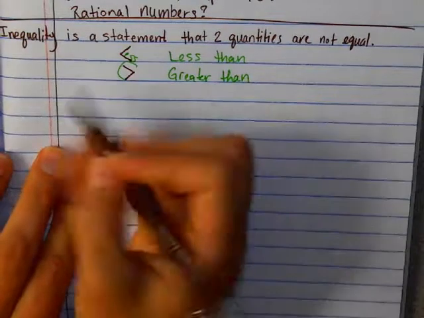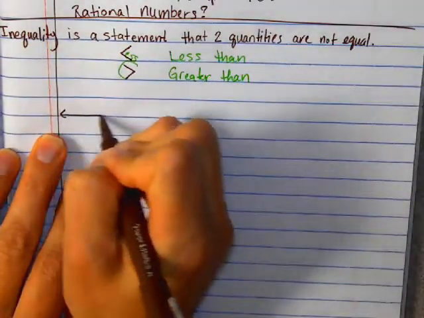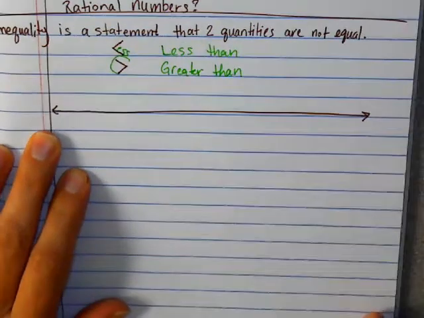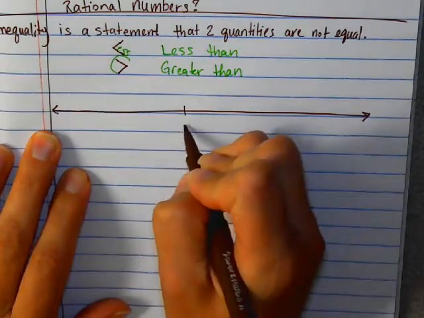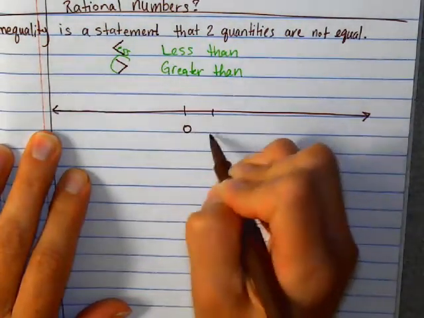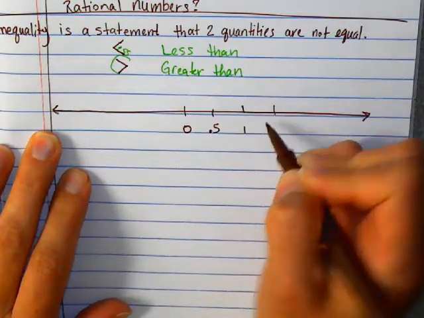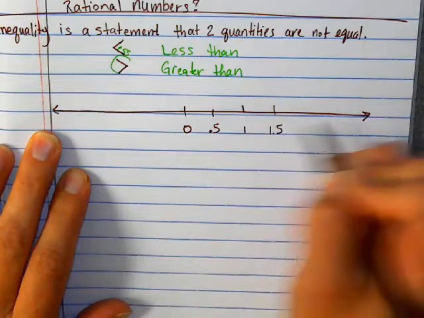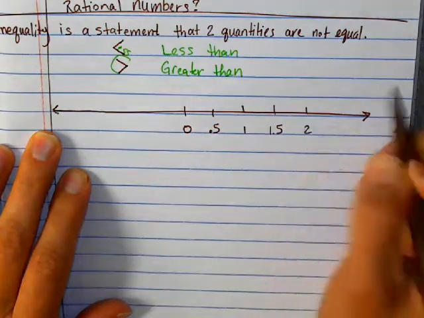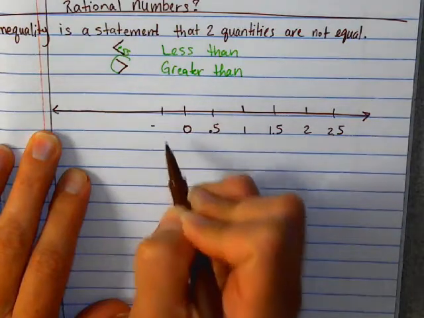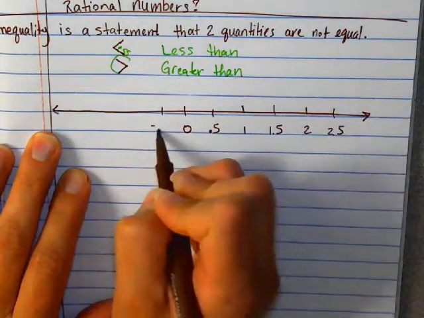So when you're working with inequalities, it's best to put them on a number line. So let's take a look at a number line here. You have 0, and I'm just going to split it up by halves. So go ahead and draw in your number line. All right, so we'll do the negative side.